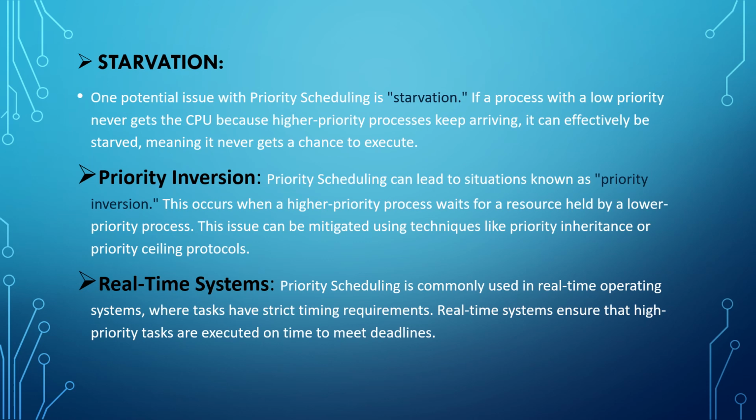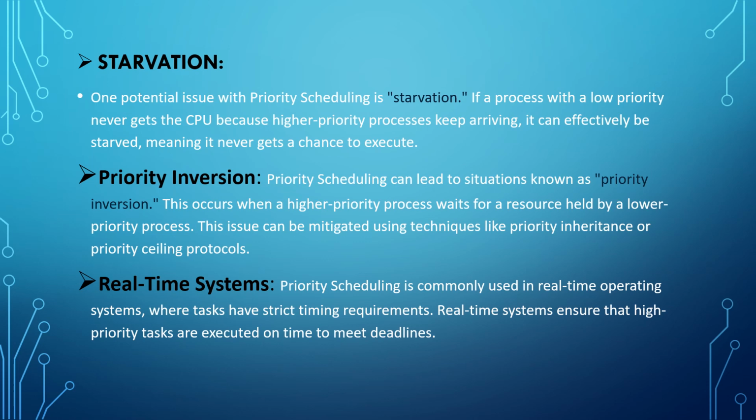It means if we need a resource for executing a high priority process and the resource has to be obtained from a low priority process, then this situation is called priority inversion.